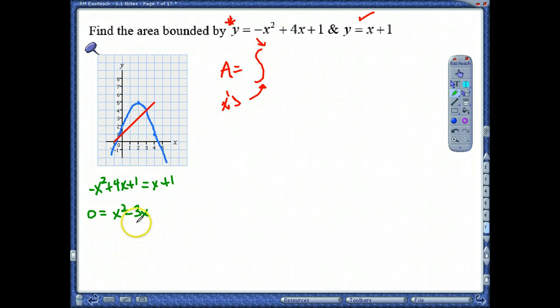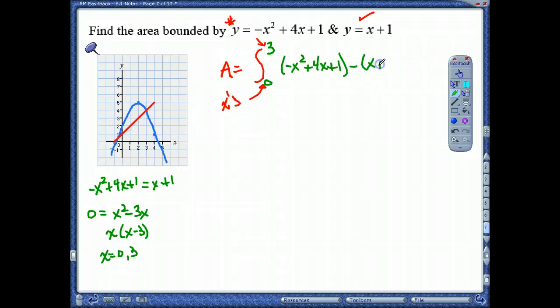So we're looking at our intersection points. Factor out that x minus 3. So we're looking at x equals 0 and 3. Okay, so 0 and 3. The function that's on top is my parabola, and the function on the bottom is my line.